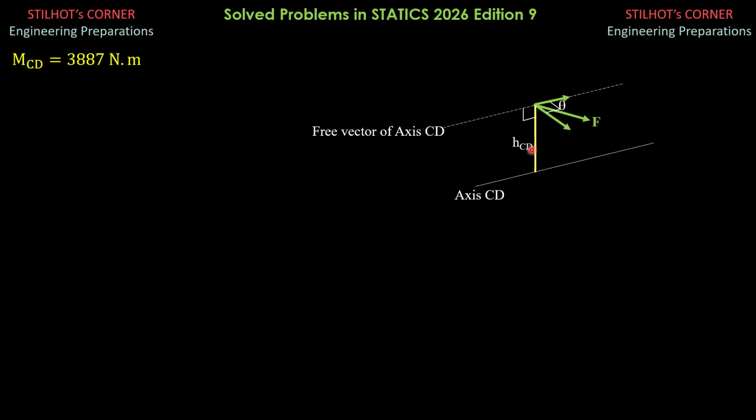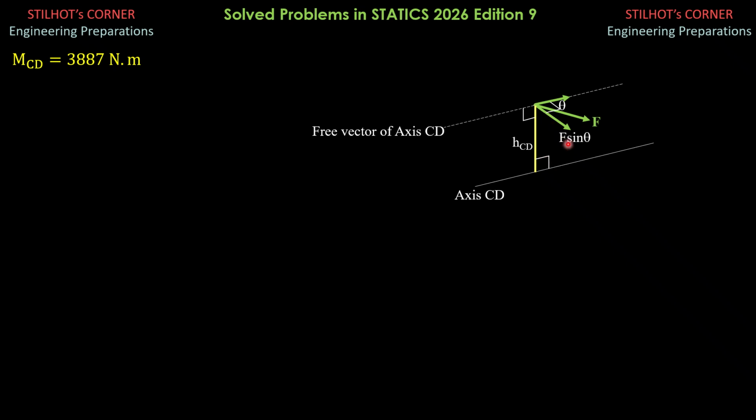So the sign does not matter anymore. So this is F sine theta, this component here, and this is the perpendicular distance, which I label d sub CD. So that's F sine theta, that's the perpendicular distance.